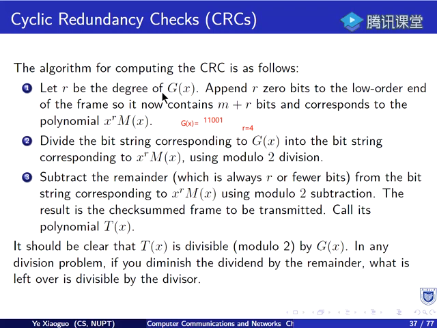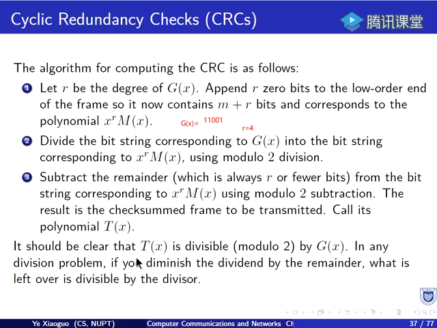Let R be the degree, and append R 0 bits to the low order end of the frame. We get x^R M(x). Step 2, divide, then get the remainder. Step 3, subtract the remainder from the bit stream. Then we get T(x).